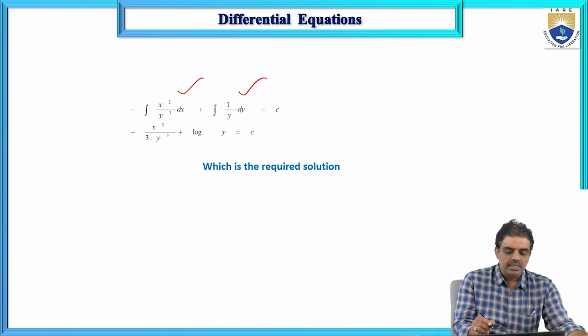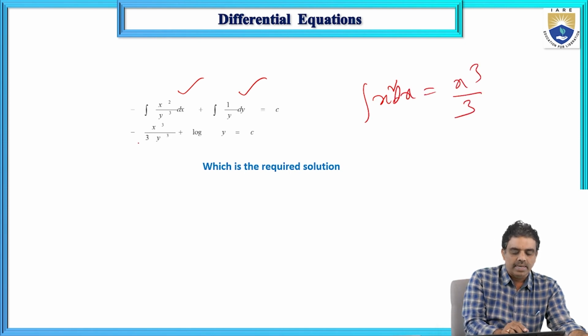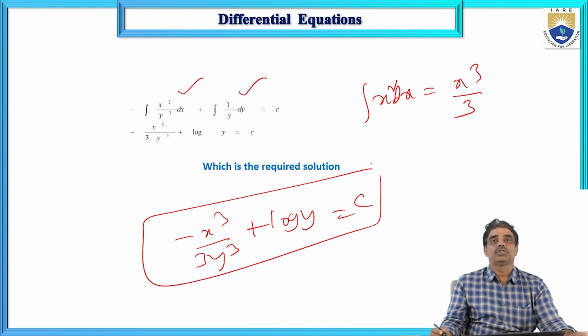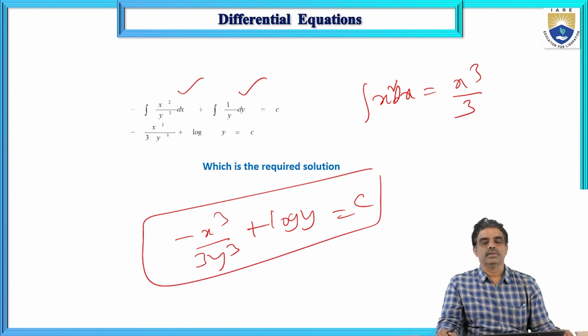So what is the integration? Integral x square dx is equal to x cube by 3. So already minus sign is there. y cube constant: minus x cube by 3y cube plus integral 1 by y dy, that is log y, is equal to c, is the required solution of the given equation.